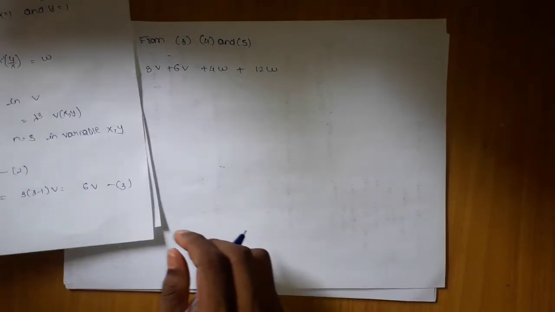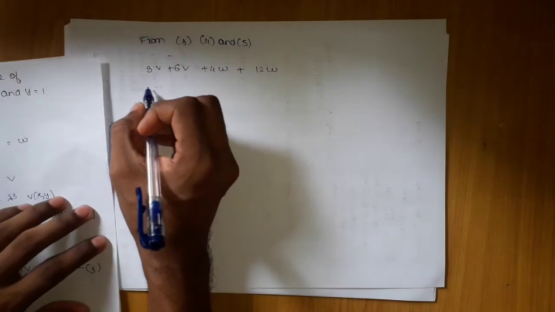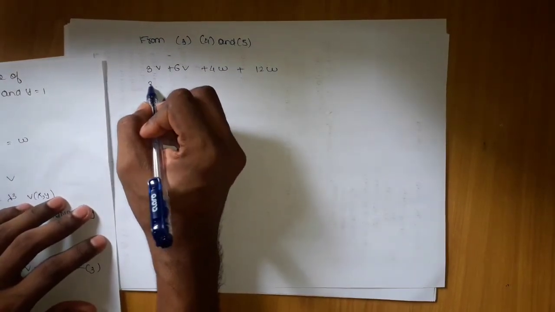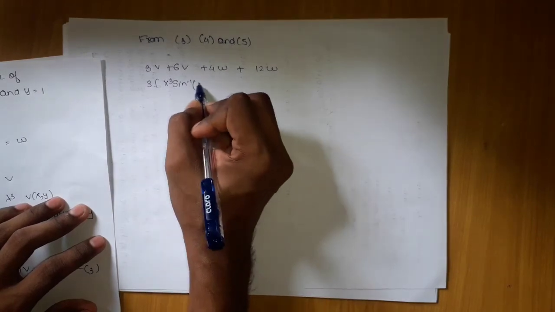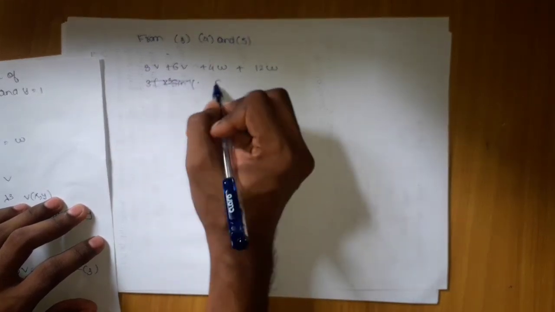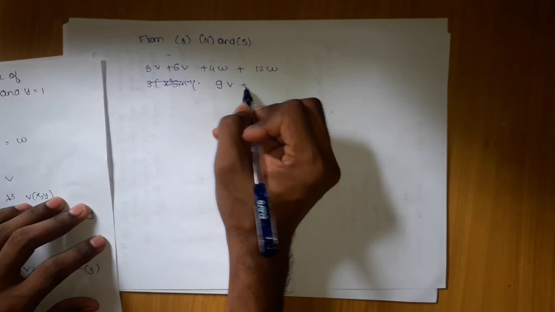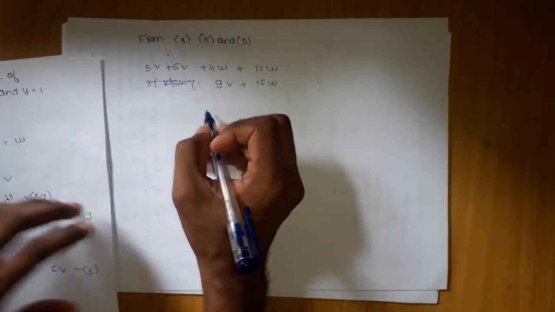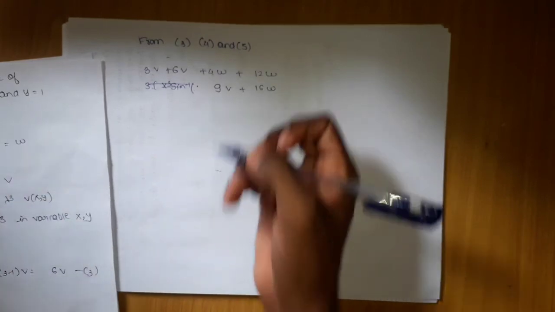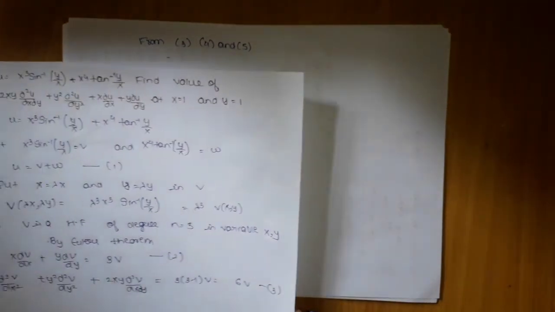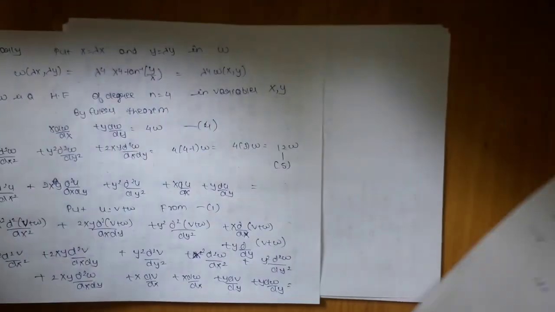Now we know what v is. v is nothing but x³ sin⁻¹(y/x), so 3 into x³ sin⁻¹, let's write it: 9 into v plus 16 into w. So what we are getting finally is, everything is proper, right? 2, 3, 6.